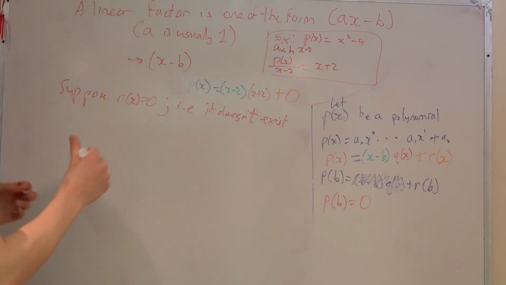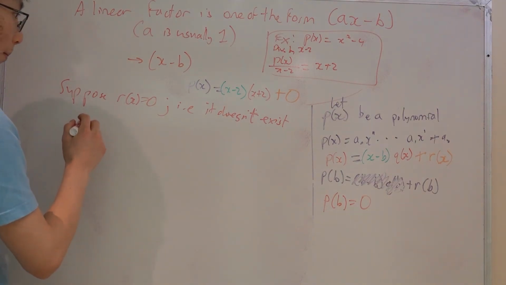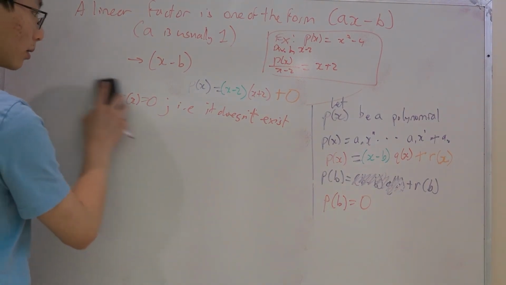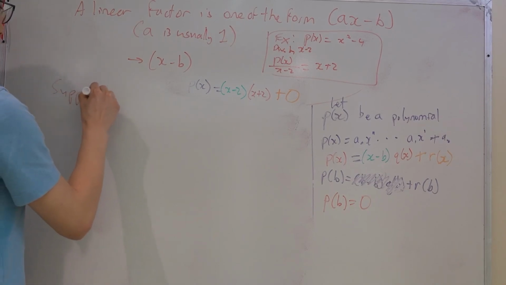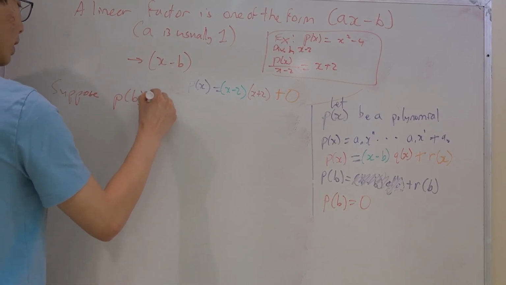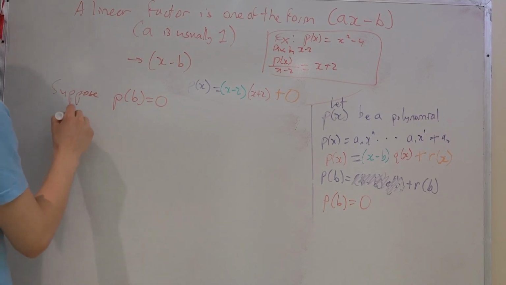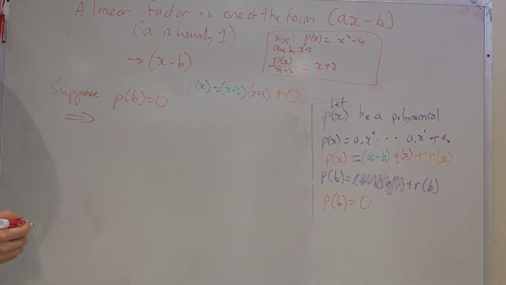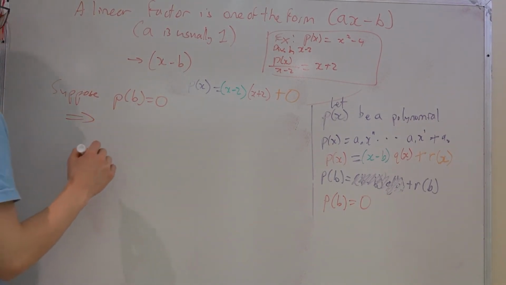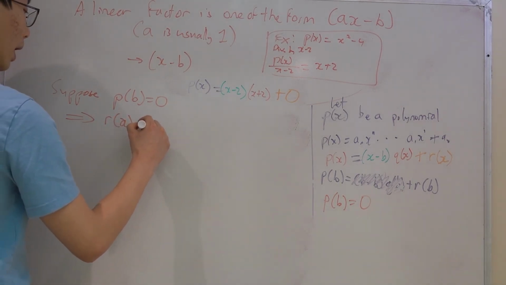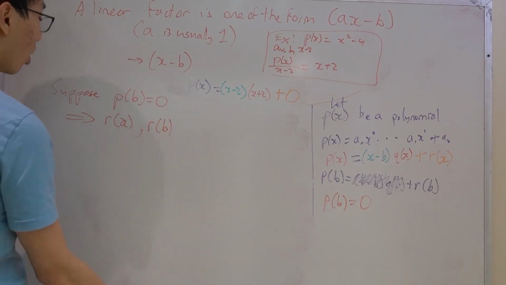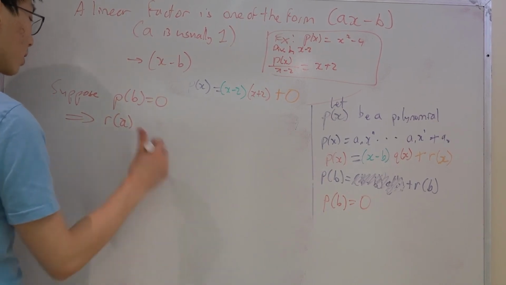Firstly, okay, so let's erase this. So suppose now that p of b is equal to 0. That implies two things. The first really important thing is that r of x, and r of b, but really all we need is r of x, r of x is equal to 0.